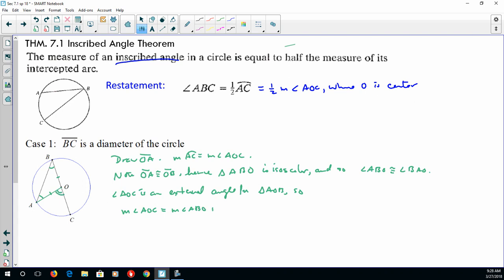But ABO and BAO are congruent angles, so this is 2 times the measure of angle ABO, which is just another name for 2 times the measure of angle ABC.